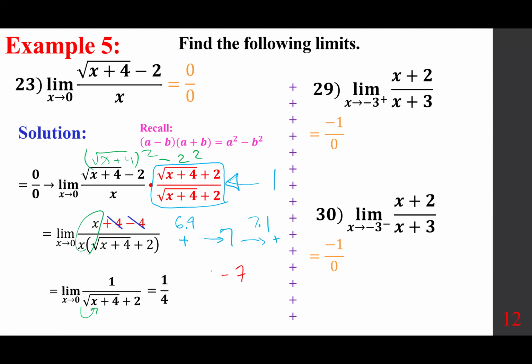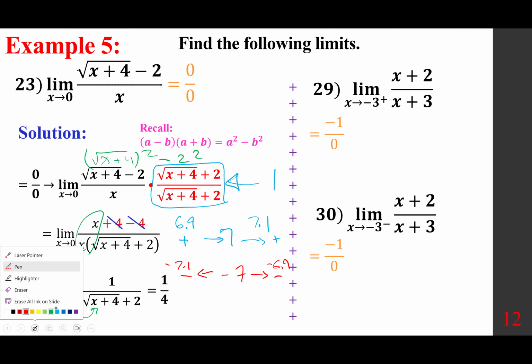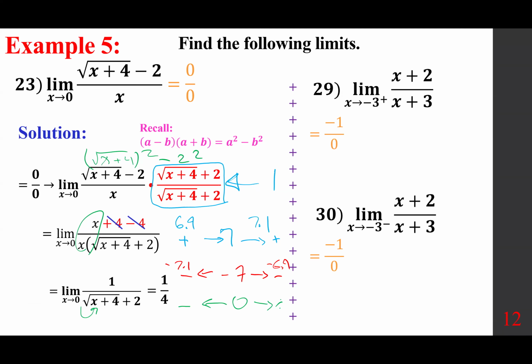But if you go with -7, the same thing. Both sides are negative. The left side is negative 7.1. The right is negative 6.9 as an example. However, 0 is the only number that the left side is negative, the right side is positive. So you need to figure it out, and you plug it in.